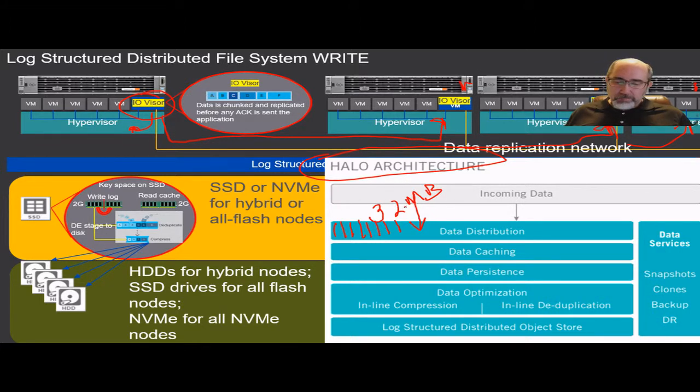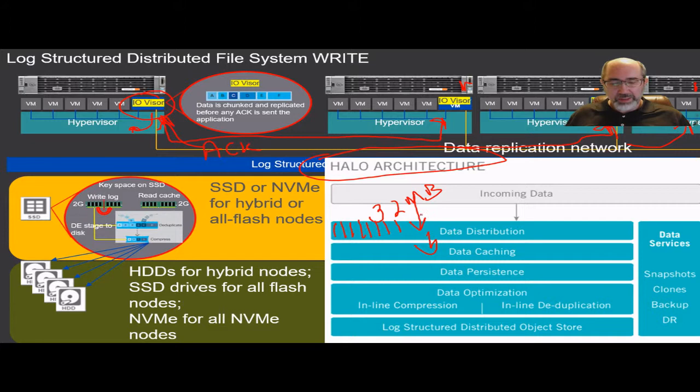So as those 32 meg chunks are distributed amongst all the nodes, nothing happens in cache until all those are committed to cache, right? So let's just take a look here. Once every single one of those nodes has committed that chunk write to cache, that's when the acknowledgement comes back to the I/O visor to let the application know that it's free to go ahead and write again, right?